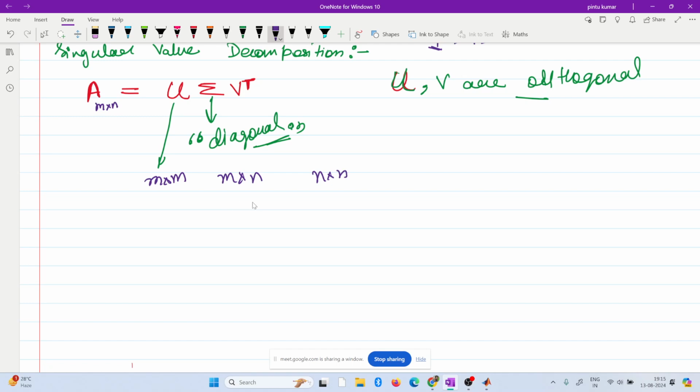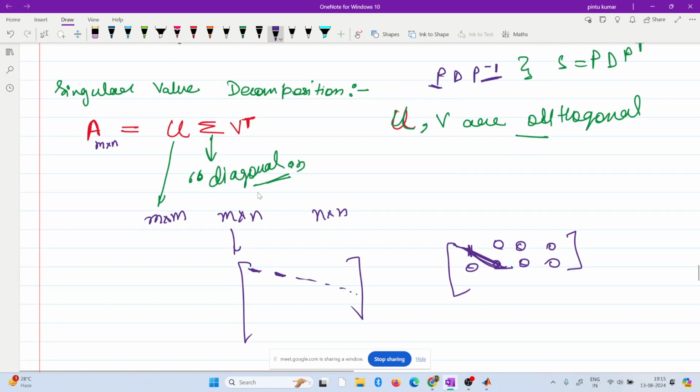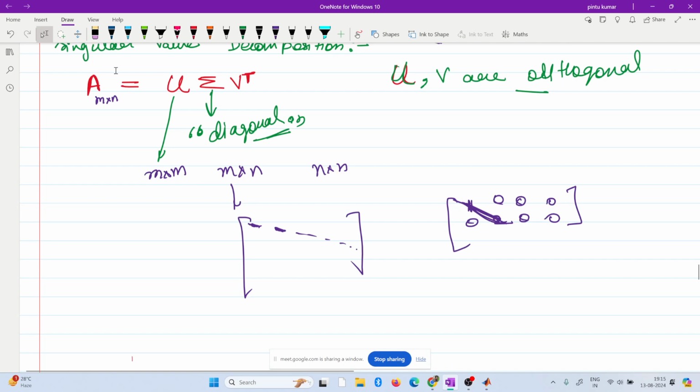This sigma matrix will have entries on the diagonal, but it can be a rectangular matrix, something of the form 1, 2, 0, 0, 0. Diagonal is not very cleanly defined, but you will have entries on these positions and the rest everything will be 0. So this is the way we want to decompose any arbitrary matrix.